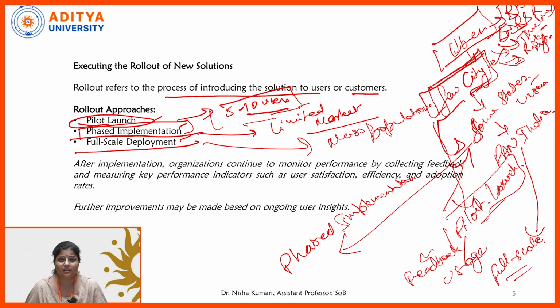Now, if you look at the current scenario, take Zepto. In Zepto there are certain places where you will get a message that they are not providing their services in this particular area, correct? What is the reason?